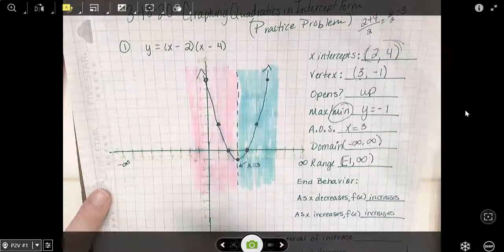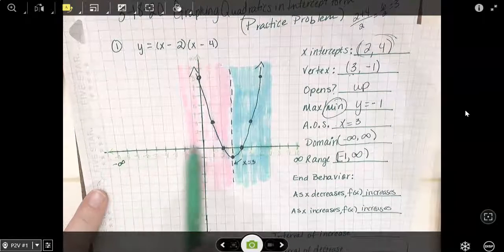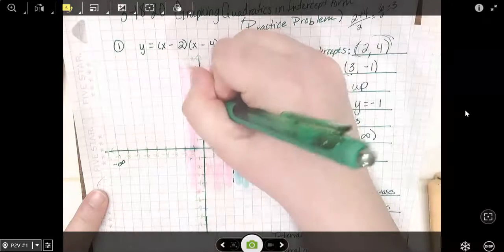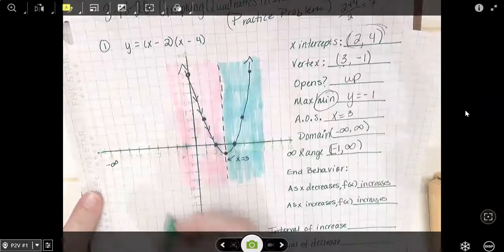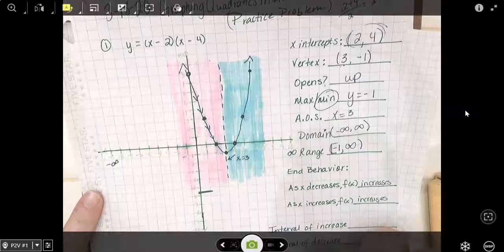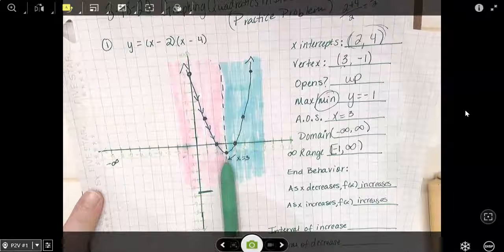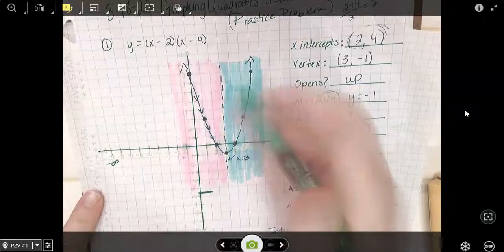Okay? So from negative infinity, we move to the right to 3, that pink side of the graph is going down. So that is negative. Okay? The blue side, if we start at 3, we keep moving to the right from 3 to infinity, the graph's pointing up.